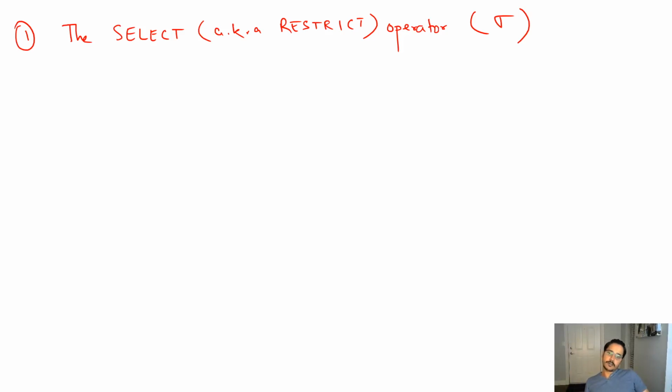So the input to the select operator is basically the table. Okay, so the input is basically one table.